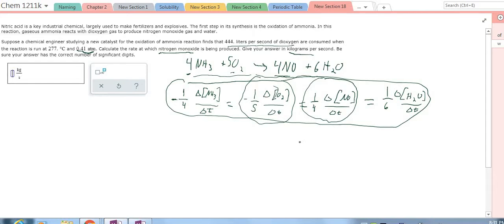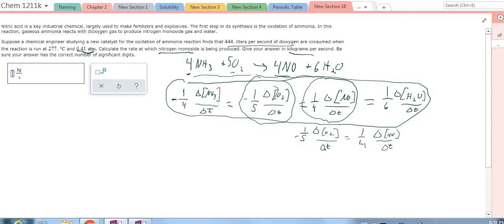So that says then, I'm just going to take those 2 out, that minus 1 over 5 change in oxygen with respect to time is going to be equal to 1 over 4 change in the concentration of nitrogen monoxide with respect to time.